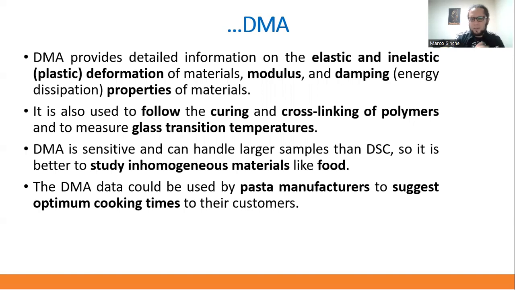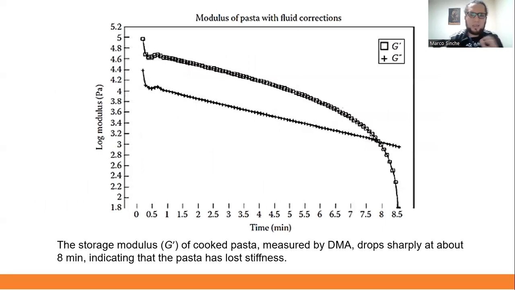It could also be a good tool to study inhomogeneous materials, which include foods. It might provide better results than DSC. For example, this technique has been used to study the processing of pasta, and it could help the manufacturers to suggest optimum cooking times, especially for their customers.